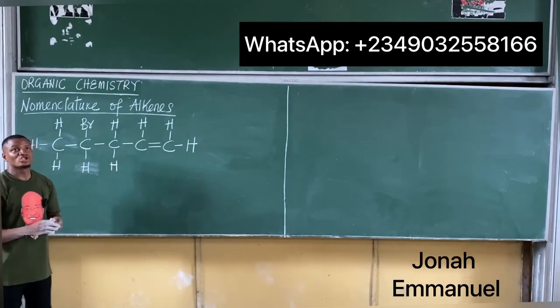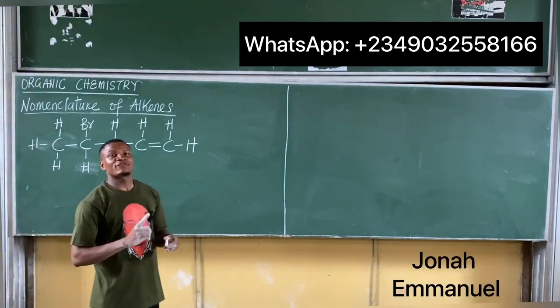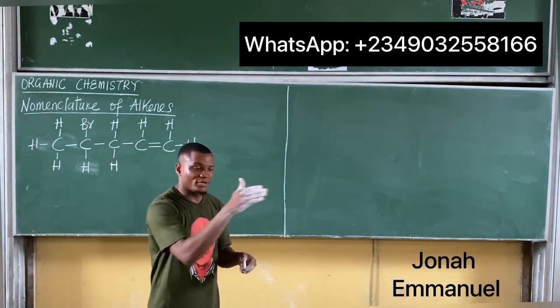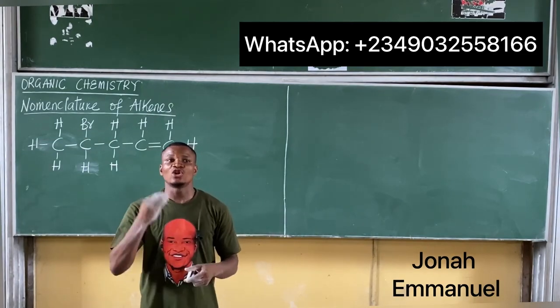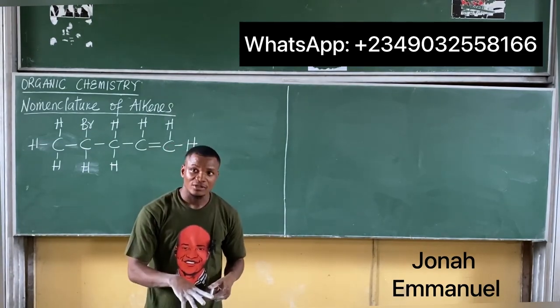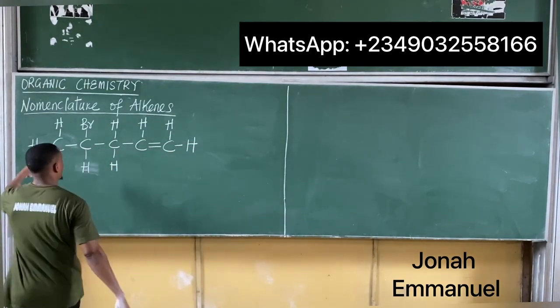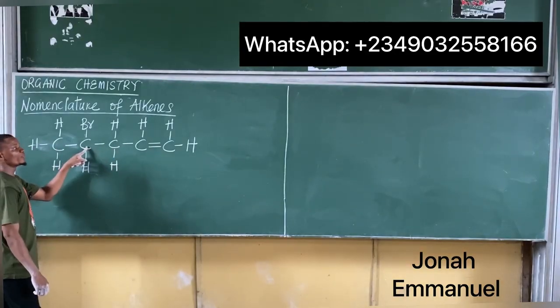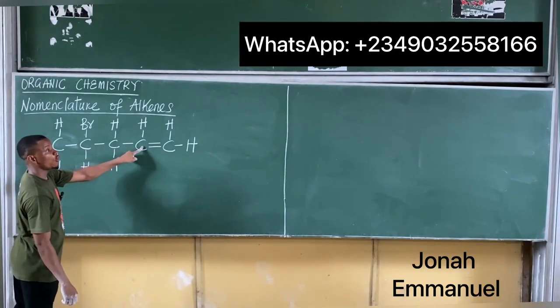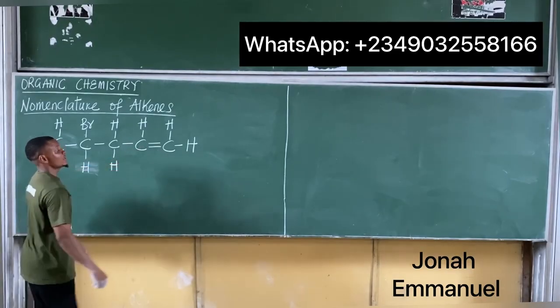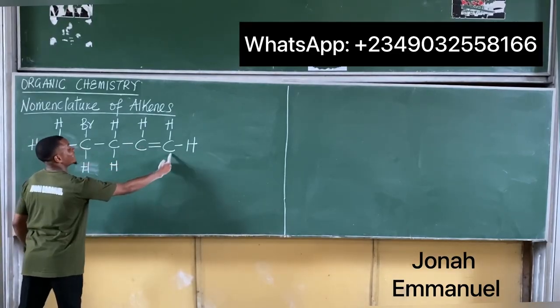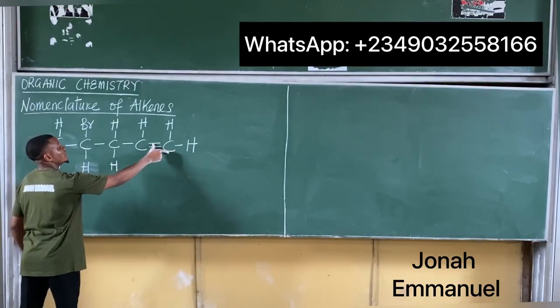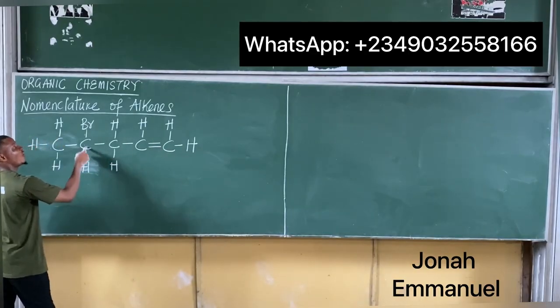The double bond. So when it comes to alkene, start from the way that will give you the lowest number to the double bond. In other words, if I go this way, I'll have 1, 2, 2 for bromine, 3, 4, 4 for double bond. If I go this way, I'll have 1 before the double bond, 2, 3, 4, 4 for bromine.